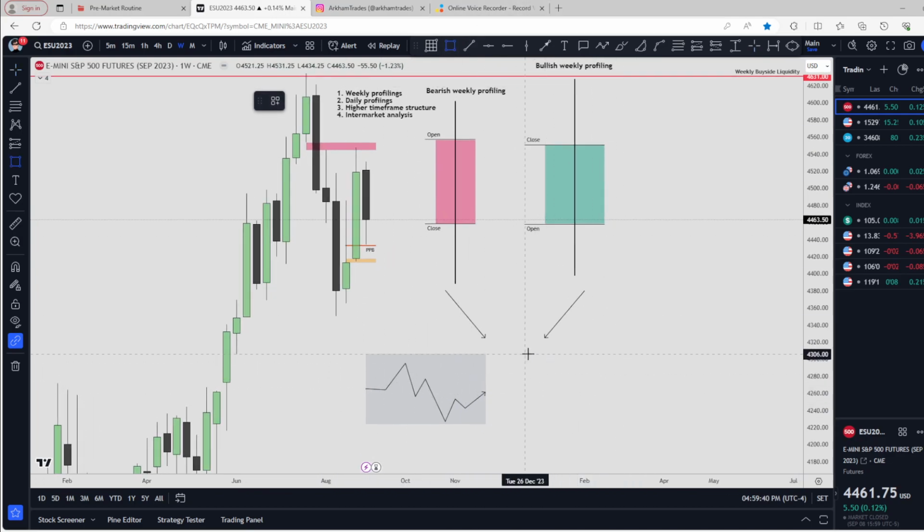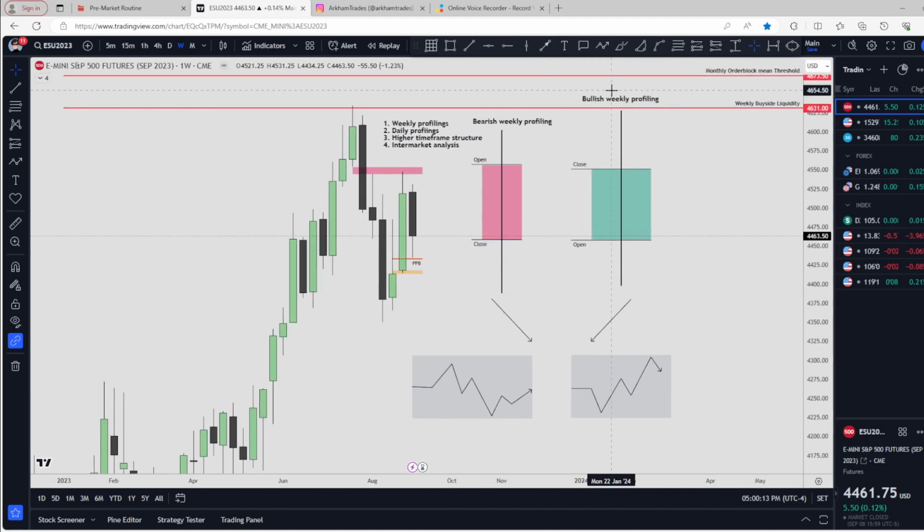And the opposite can be said here, where we open up, go lower, create a low, push higher, back down, create this high, and then drop off right here.